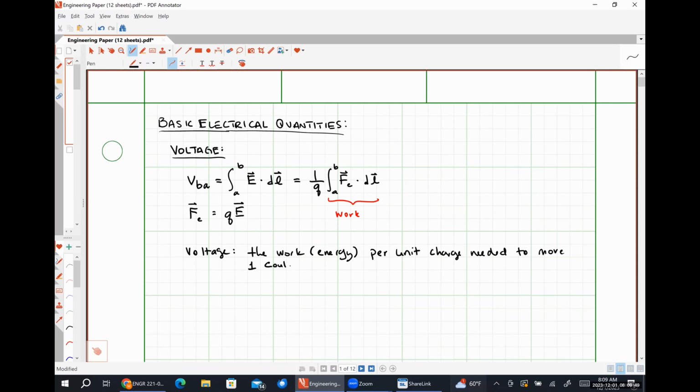I'm going to write out coulomb and then give you the unit C here. Between 2 points in a circuit. So this mathematical definition tells us that it requires energy or work to move charge around our circuit, and that this amount of work per unit charge is what we call voltage.